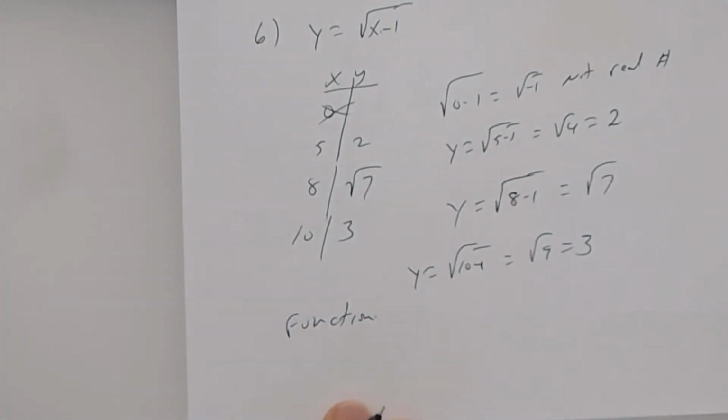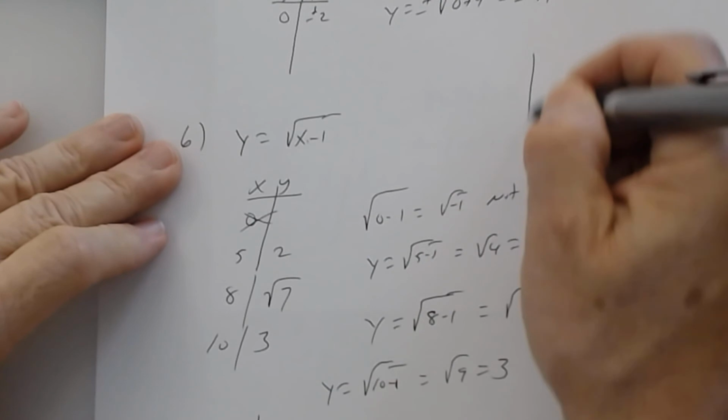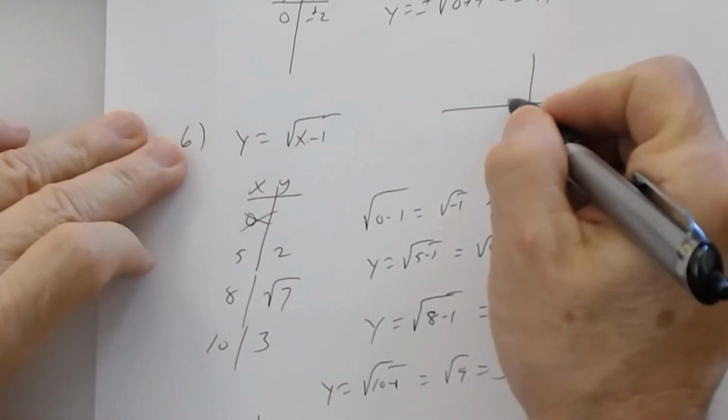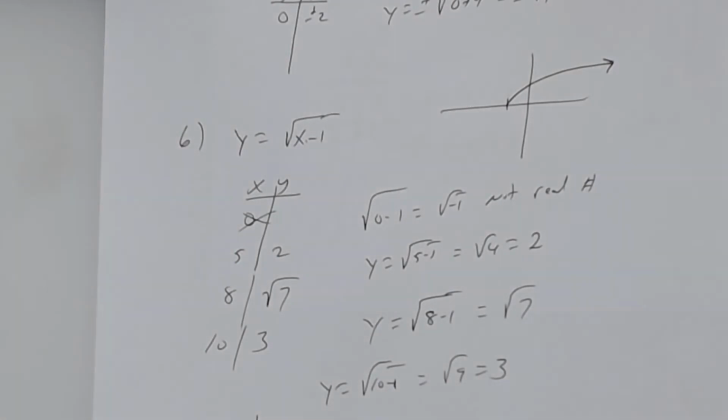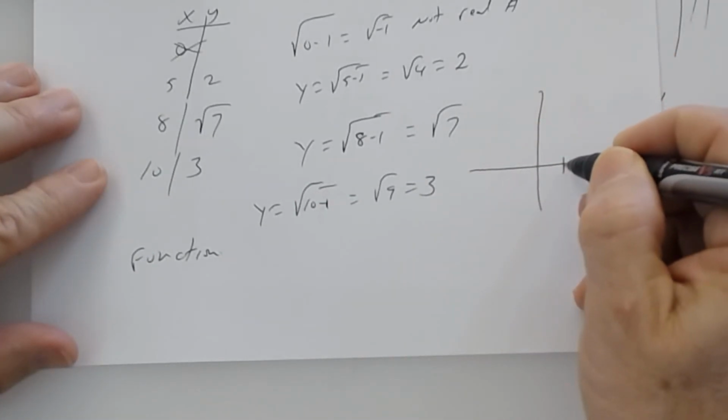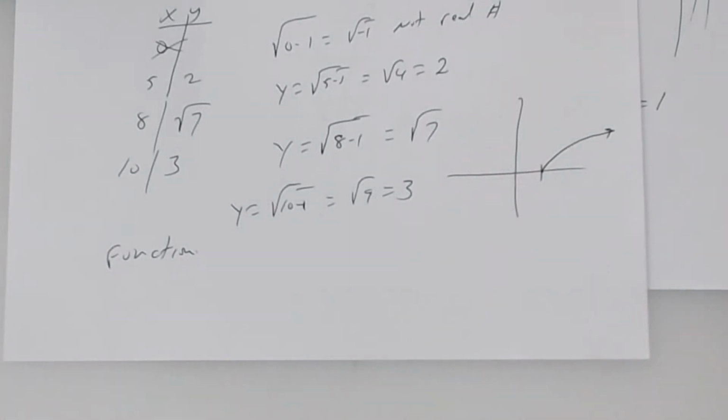Last semester, we didn't do it in here, but you graphed the square root function. It looked like this, by the way. It starts at 1. Does it pass the vertical line test? Yeah. Now, you probably didn't remember that.